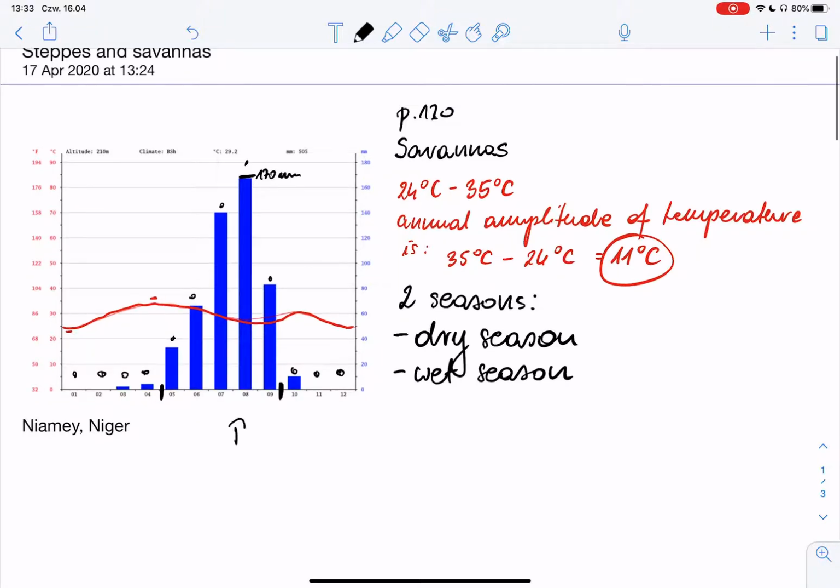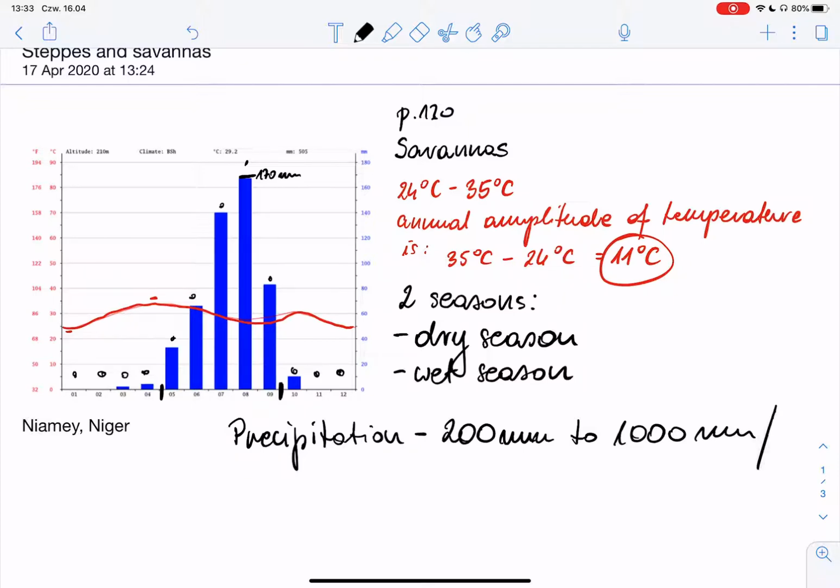So precipitation from 200 millimeters to 1000 millimeters per year. Savannas basically are the habitat of grasses and very few trees.